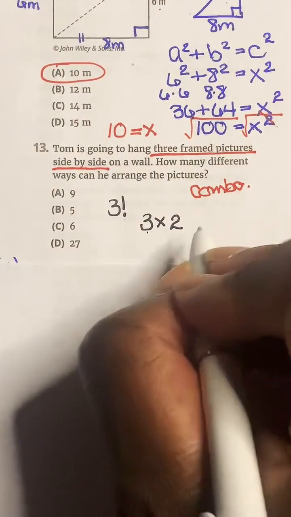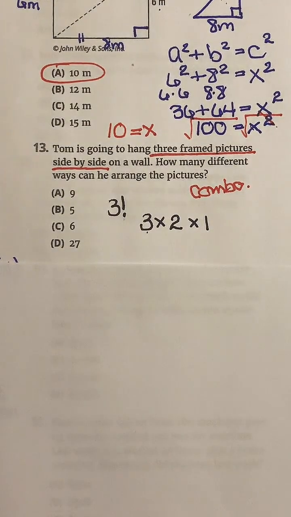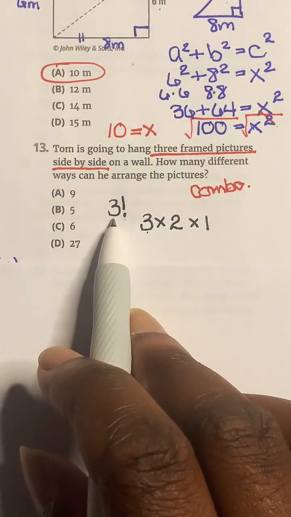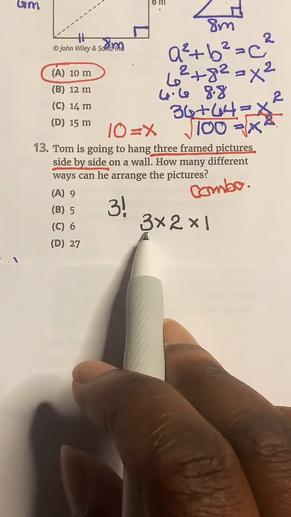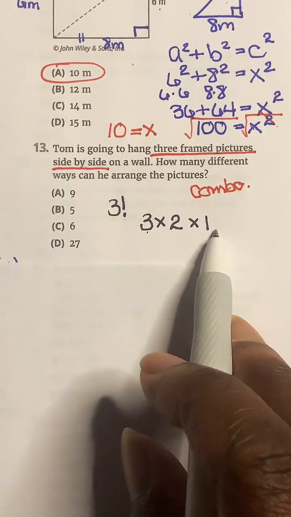So you have 3, you have 2, and you have 1. It never goes negative, and it doesn't go to 0. So when you have a factorial like this, you start with this number, and then you multiply the whole numbers all the way down to 1.